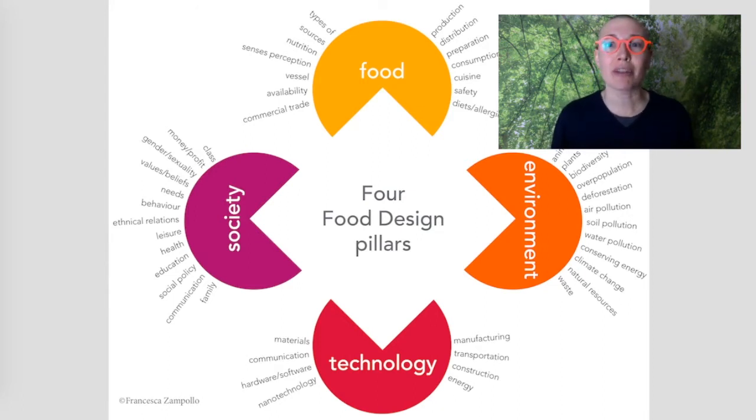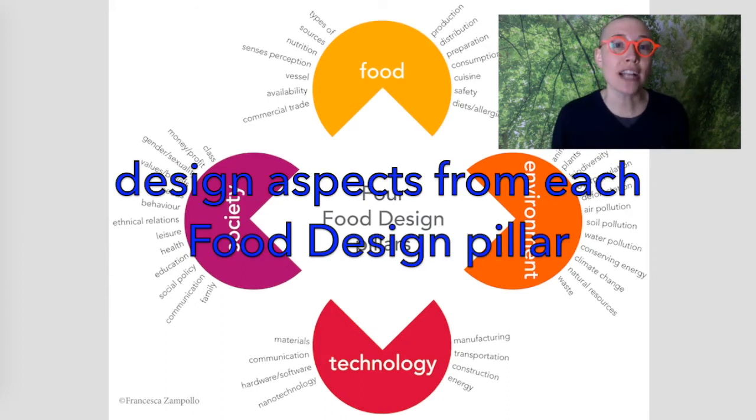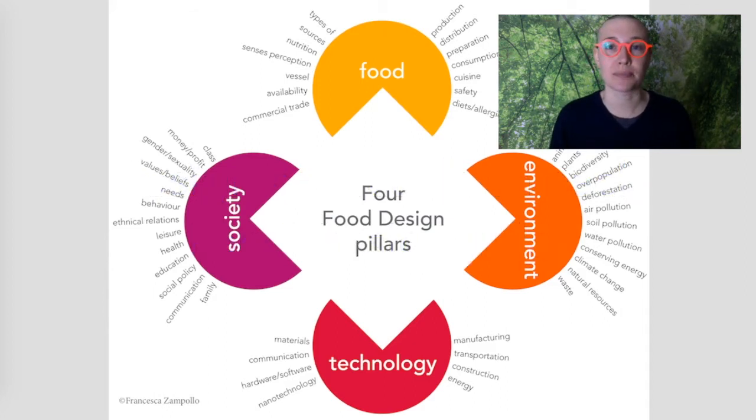Every dish, every product, every event, and every food service is part of a system, and each food system sits on these 4 pillars. Each food system is made of elements from these 4 pillars, and within any food design project, one should be designing or considering aspects from each of them. And this is why I think this concept is so important.